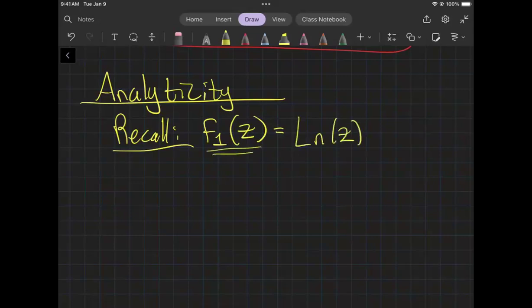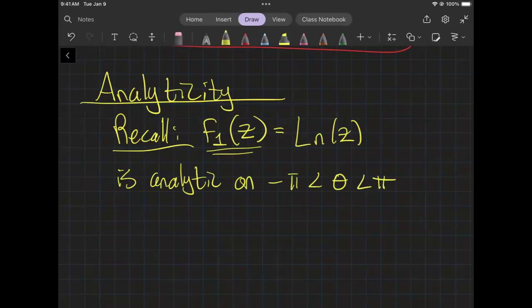The principal branch of the logarithm is analytic when theta is in between minus pi and pi.